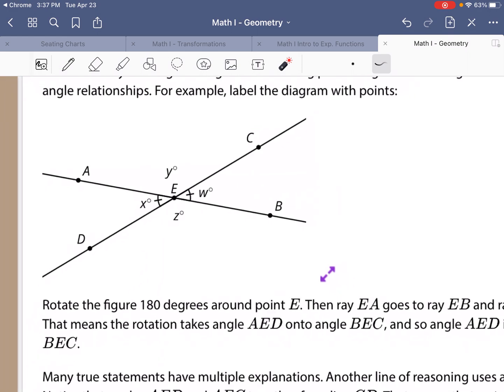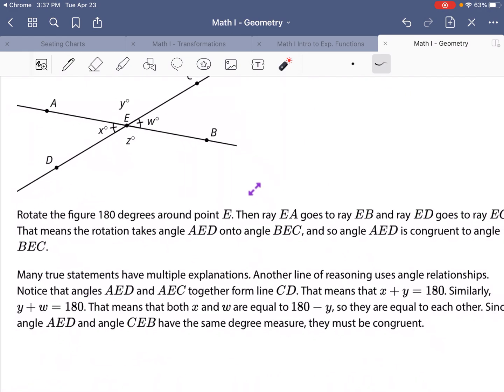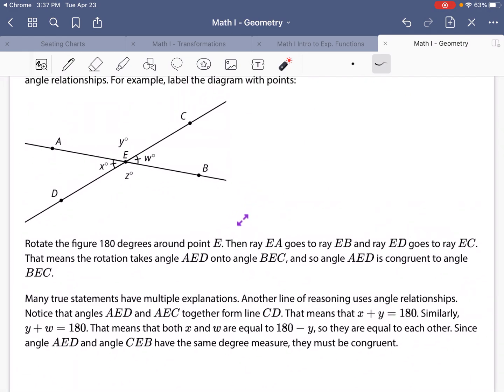And again, if our statement about vertical angles is true, then those are congruent to each other. Here's an example of a proof that could show that angle AED and angle CEB are congruent to each other.